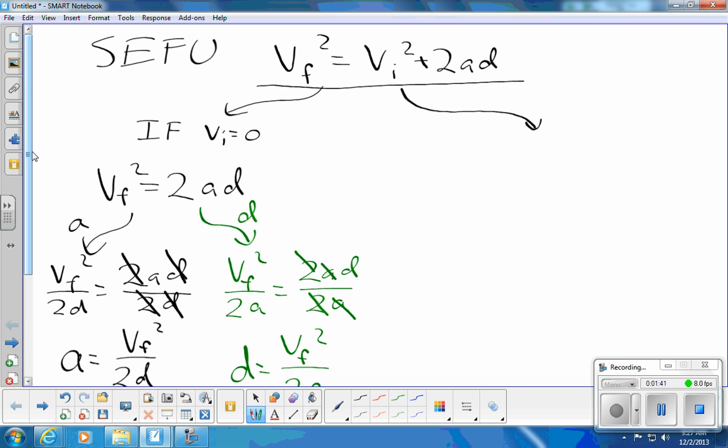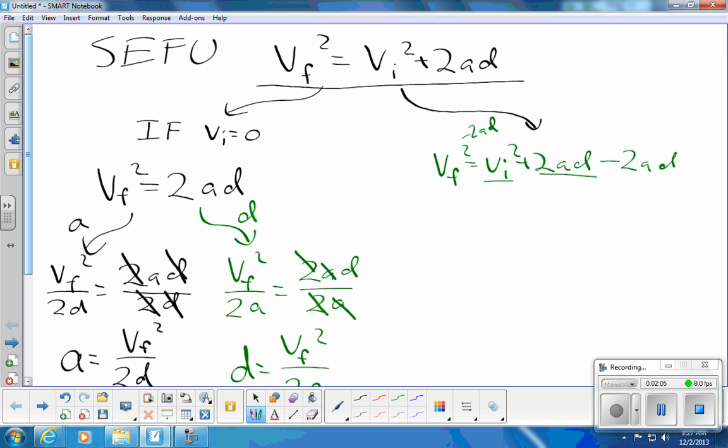What if you have to solve for Vi? All right, I'm just going to rewrite the formula here. If I have to solve for Vi, I've got that by itself in its own term, but I have it added to the other term, 2ad. So I have to subtract that from each side. Minus 2ad, minus 2ad.